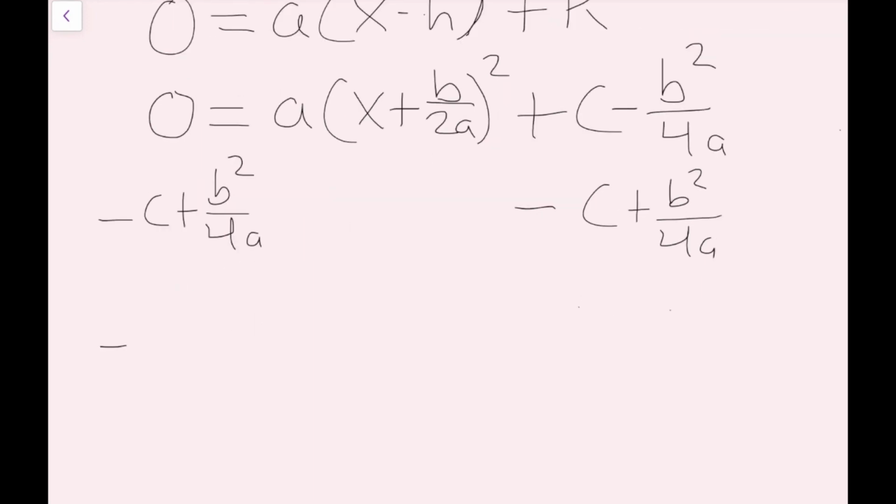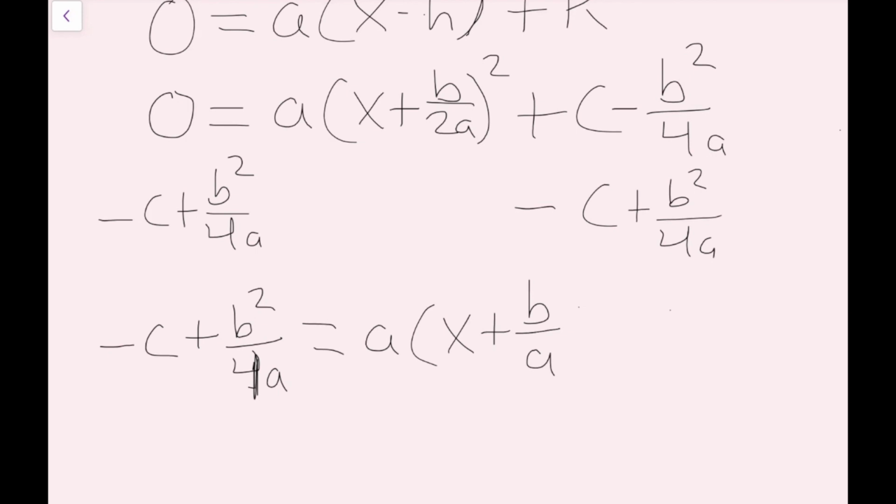So now I get negative c plus b squared over 4a equals a times the quantity x plus b over 2a squared.